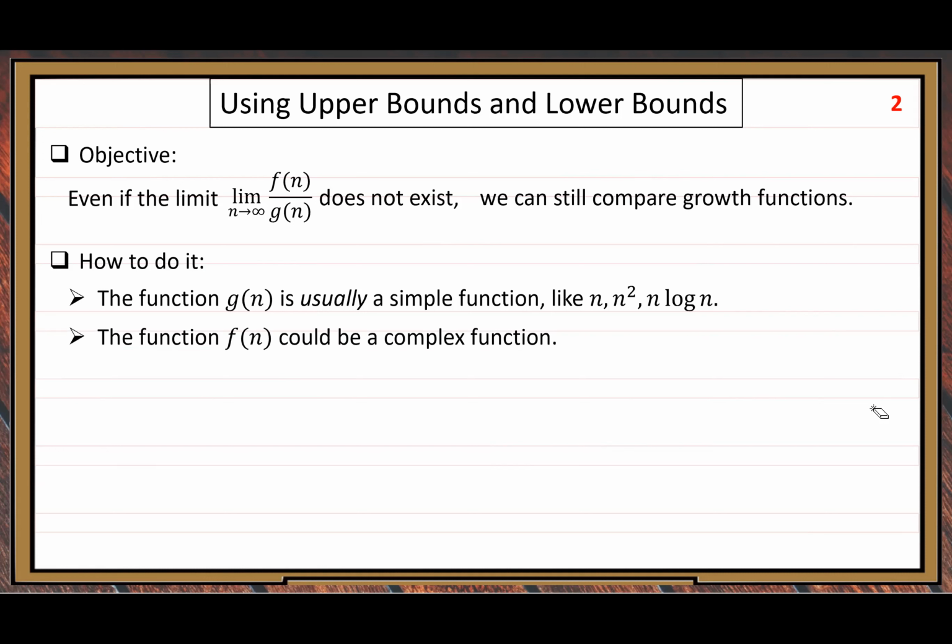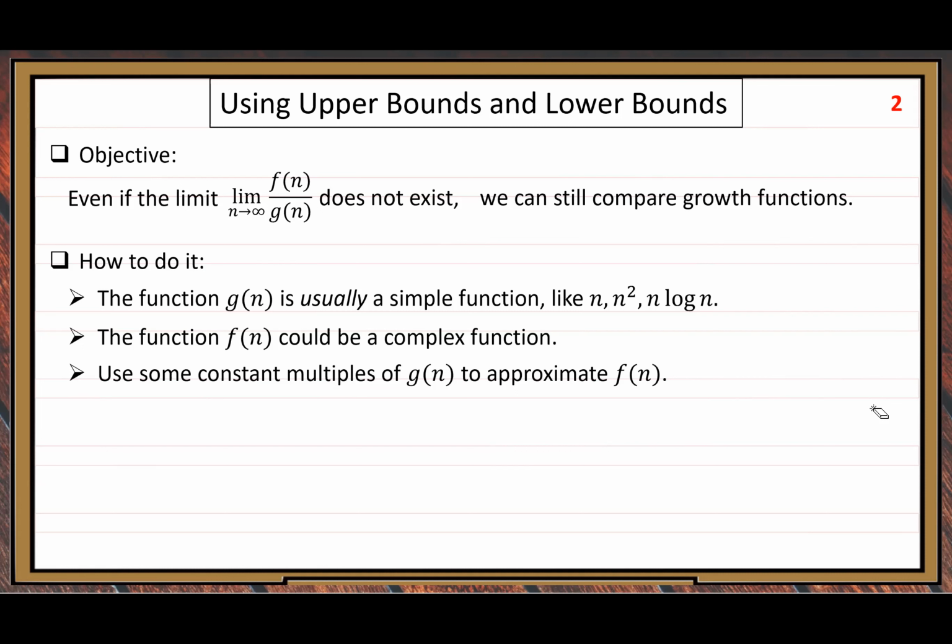Okay, the function f of n could be a complex function. In this situation, how do we find a reasonable way to measure the f of n function? Use some constant multiple of g of n to approximate f of n.